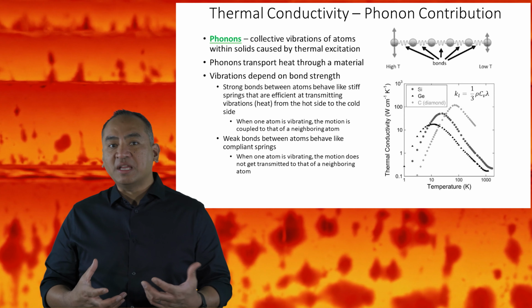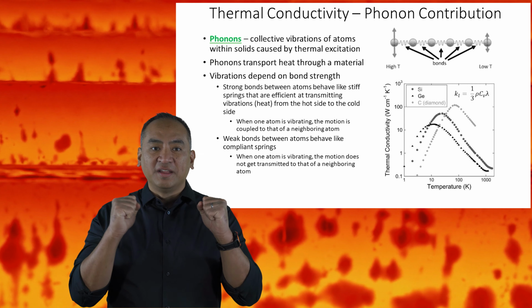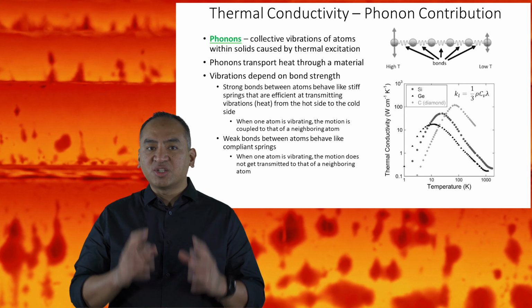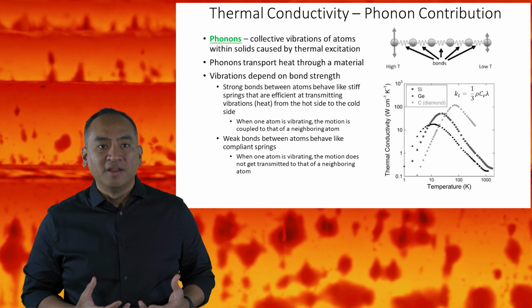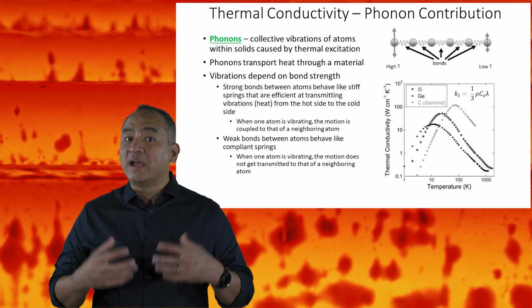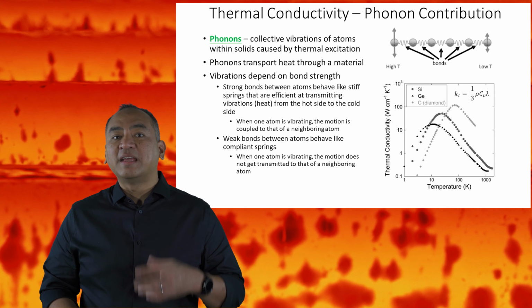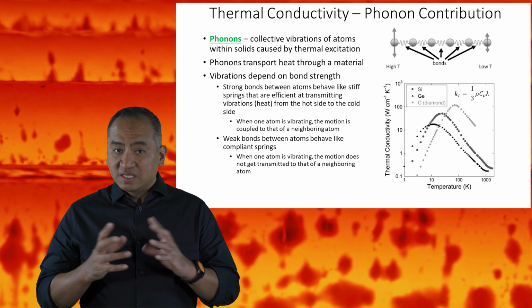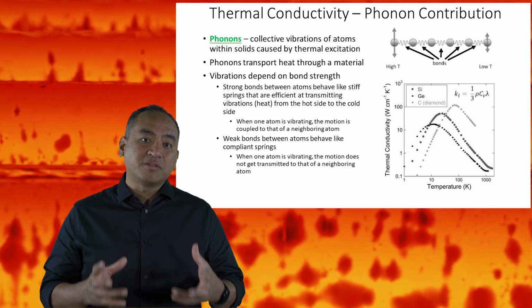However, the strength of a carbon-carbon bond is about 1.5 times stronger than the strength of a silicon-silicon bond, which means that heat transport by phonons through diamond is much better than silicon, which results in a higher thermal conductivity for diamond.